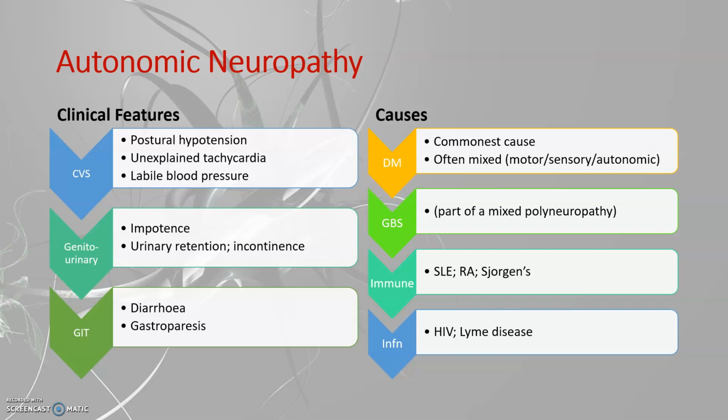Diabetes being again the commonest cause, but it can also be seen with Guillain-Barré syndrome, autoimmune disease, and certain infections, such as HIV. Common clinical features include cardiovascular, genitourinary, and gastrointestinal symptoms.